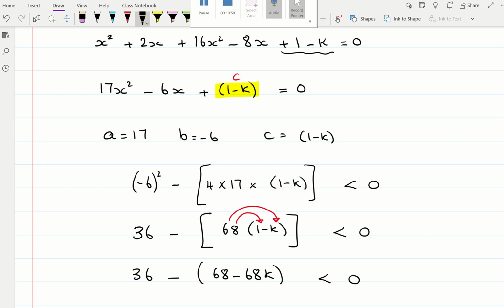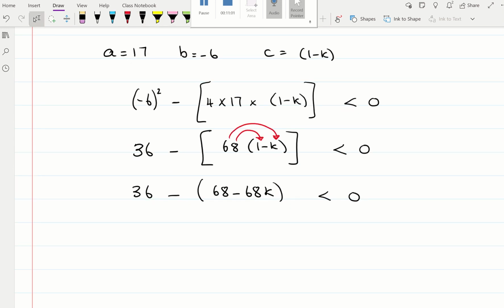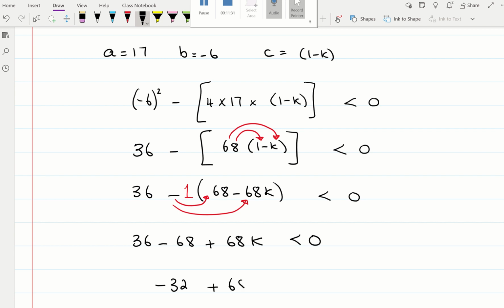Now, everything has to be smaller than 0. Be careful, because you're going to subtract everything that comes after the minus sign. You're subtracting 68, so it's literally negative 1 times 68, and you're subtracting the negative 68k. So you've got 36 minus 68 plus 68k is smaller than 0. 36 minus 68 is negative 32 plus 68k is smaller than 0.